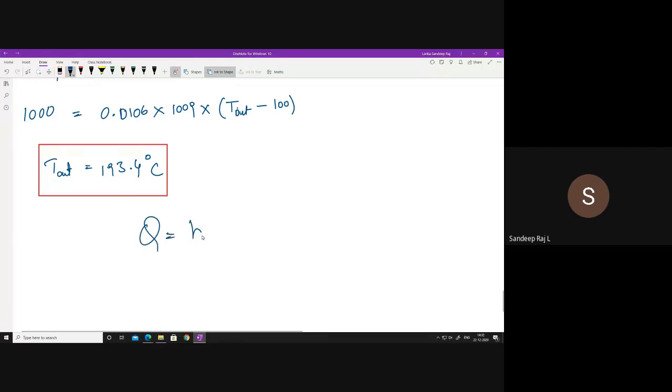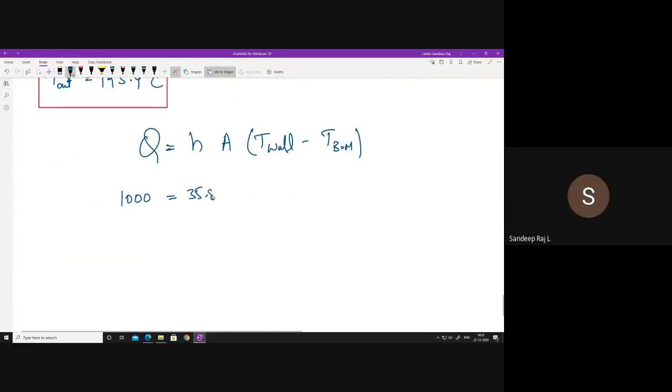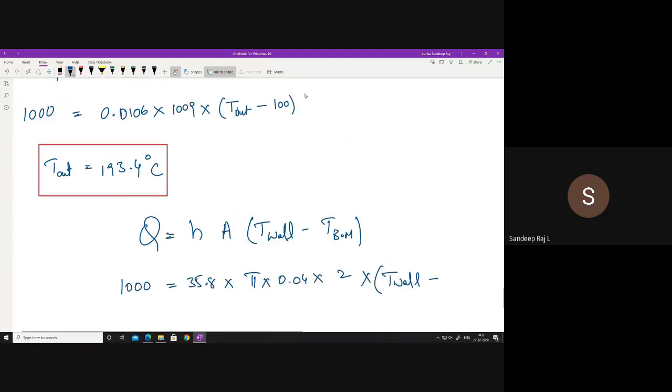Q is equal to H into A into (T wall minus T bulk mean). 1000 is equal to H. What is the H value? 35.8 into area, pi into D, which is 0.04, into L, which is 2 meter, into the T wall minus T bulk mean. What is the T bulk mean?